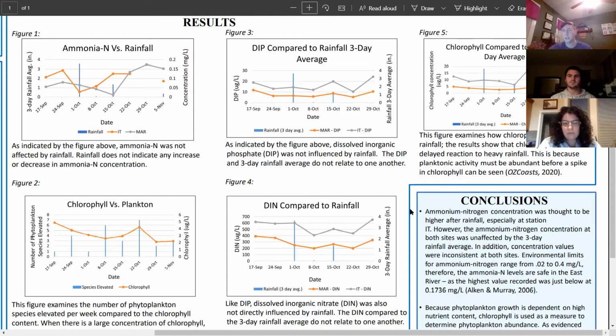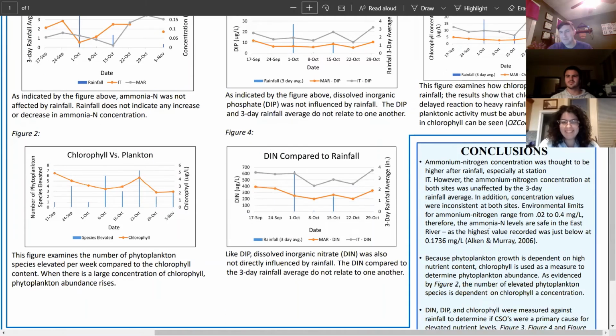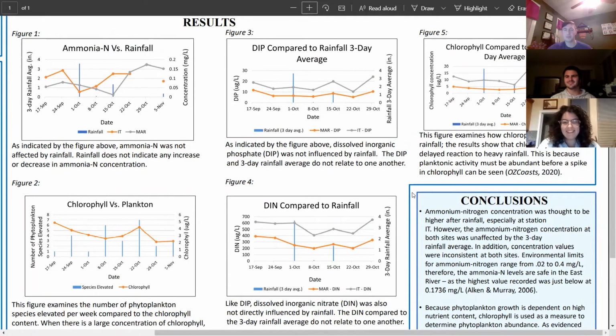It wasn't a clear trend like the DIP, DIN, and chlorophyll graphs. Environmental limits for ammonium nitrogen range from 0.02 to 0.4 milligrams per liter, and we determined that the ammonium nitrogen levels were safe in the East River, as our highest value recorded was 0.1736.